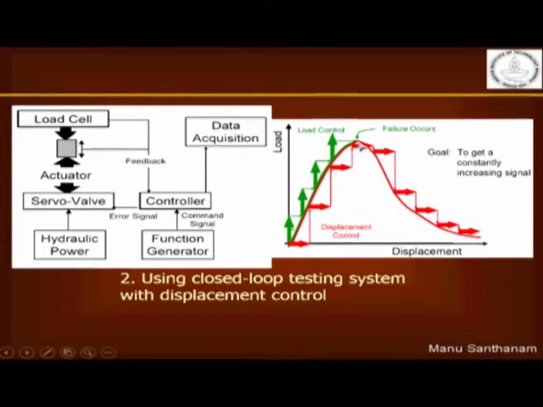So even after I reach this failure load, for increasing displacement, I can now produce it with a smaller load. So I start reducing my load here and come to the descending branch of the curve. So this way I am able to get a complete stress strain response, and obviously failure will happen when my specimen is no longer able to hold up the width of the crack that is appearing.